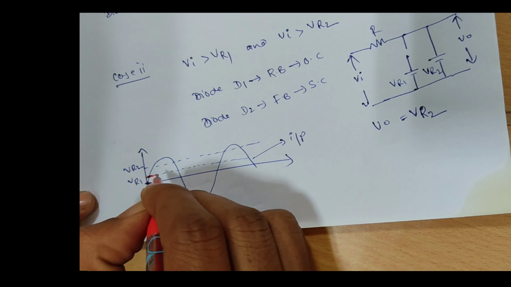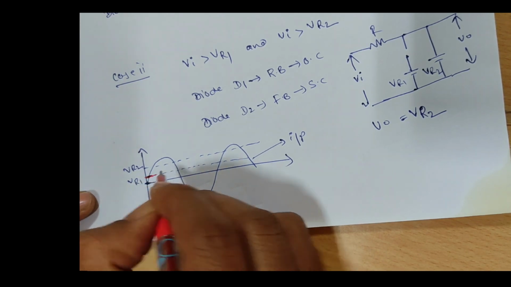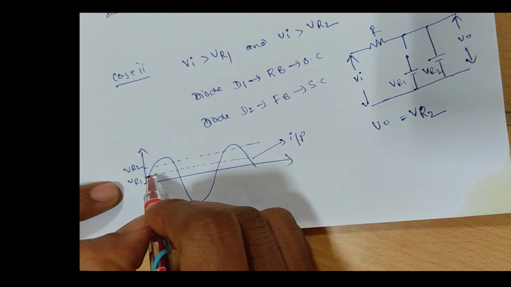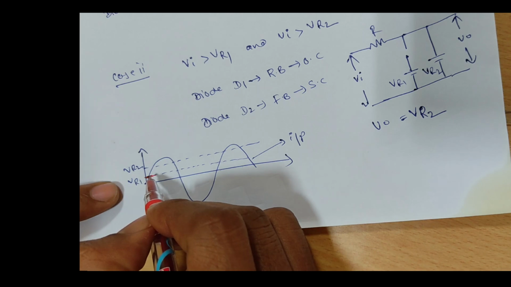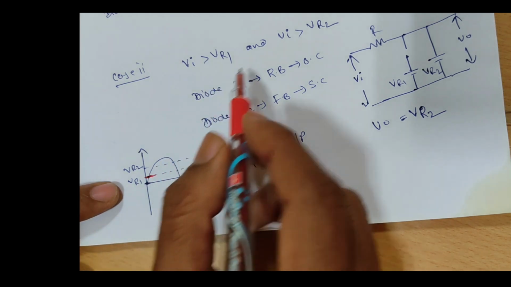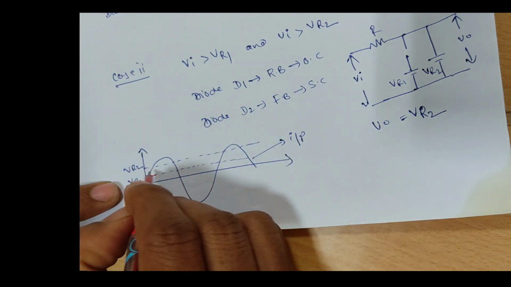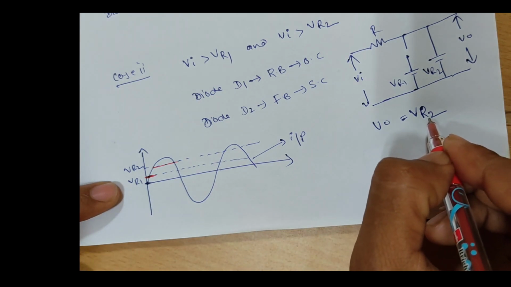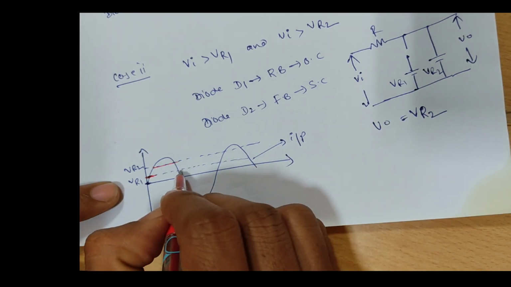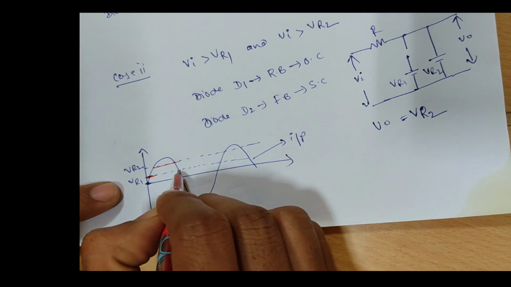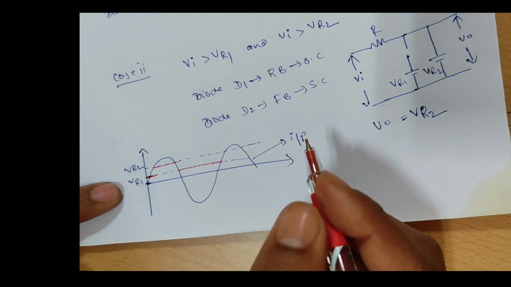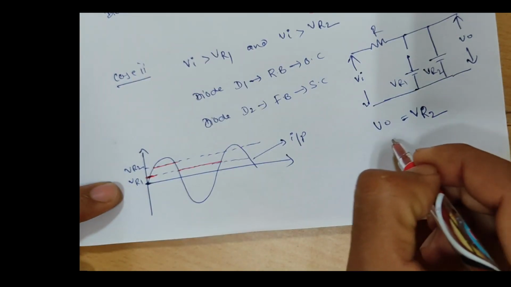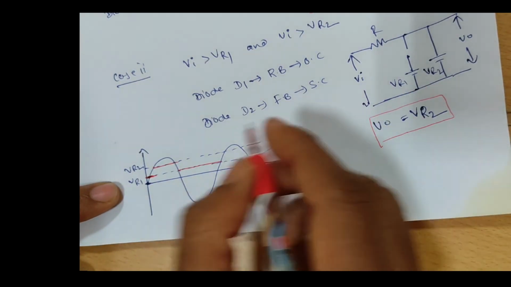In the second case, Vi is greater than VR2, so this part is again VR2 only. When Vi is less than VR1, it is VR1 only. When Vi is greater than VR2, the output equals VR2.